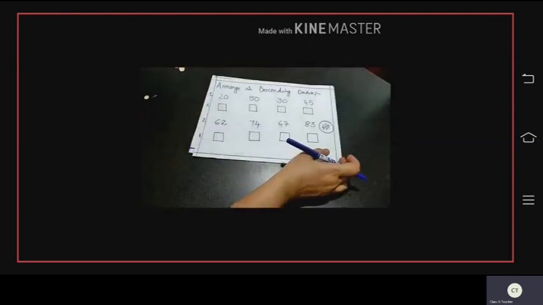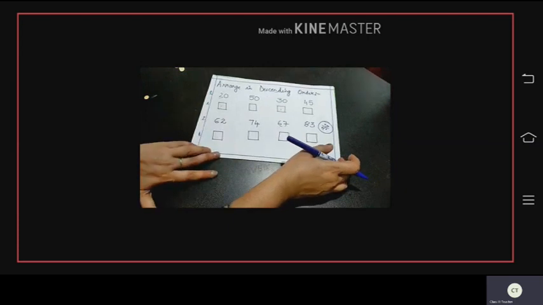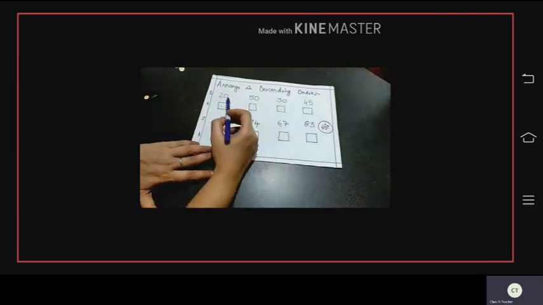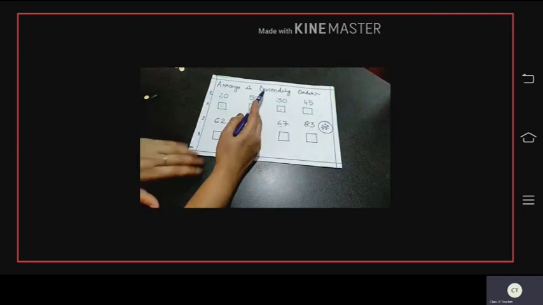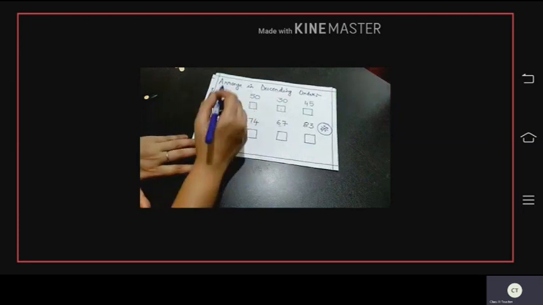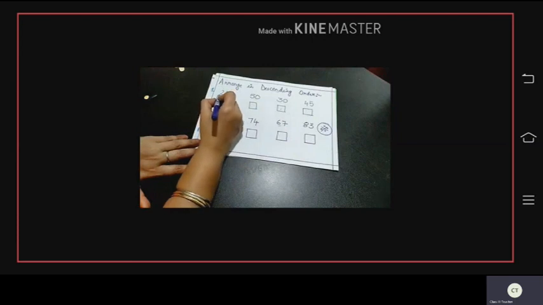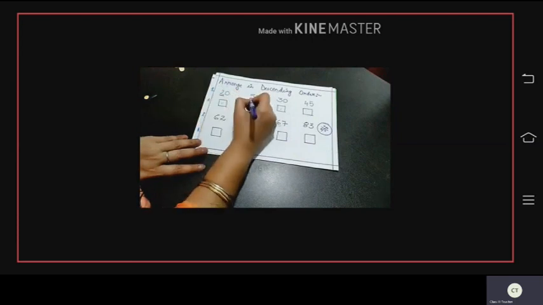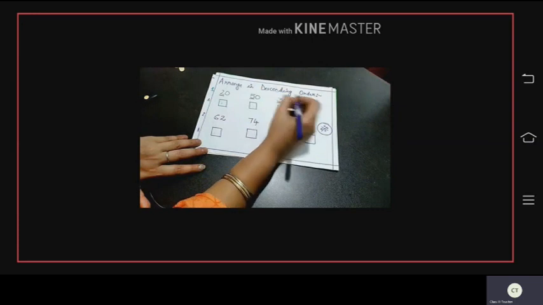Let me do some descending order. See here, in descending order, we have to start with the greatest number. Children, I have already told you we have to see the first digit of the numbers. The first digits you see: 2 and 5, 3 and 4.